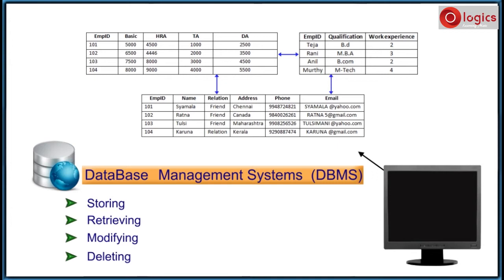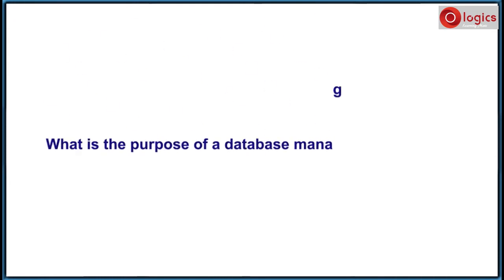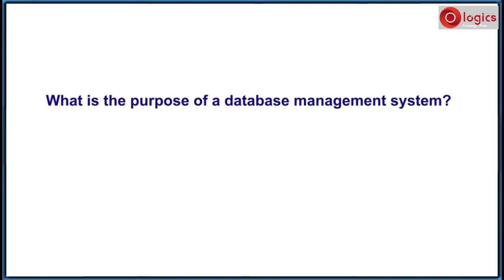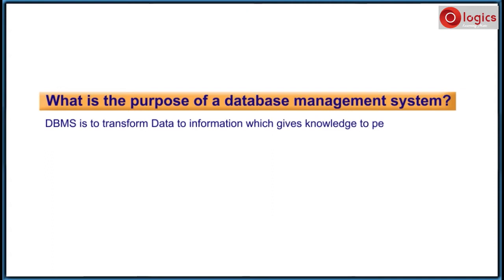We know what is the database management system. Now let us see what is the purpose of database management system. The purpose of DBMS is to transform data to information, which gives knowledge to perform decision making.